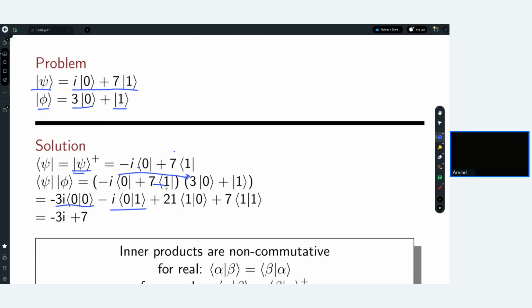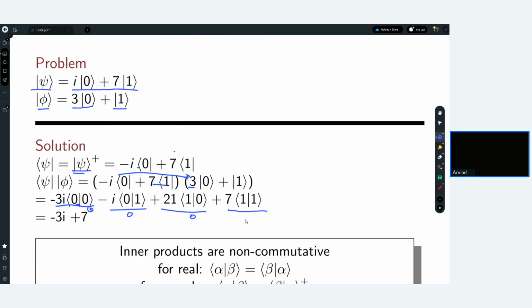So 7 times 3 becomes 21 times bra1 followed by ket0, and 7 times bra1 followed by ket1, because from the previous slide we have seen that the scalar multiplication of bra0 followed by ket0 is always 1, bra0 followed by ket1 is 0, and bra1 followed by ket0 is 0.